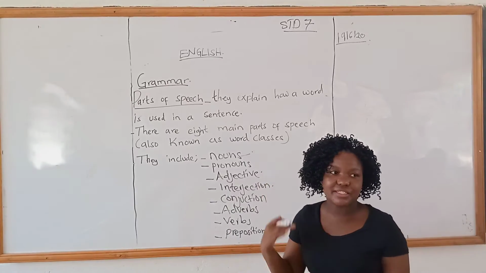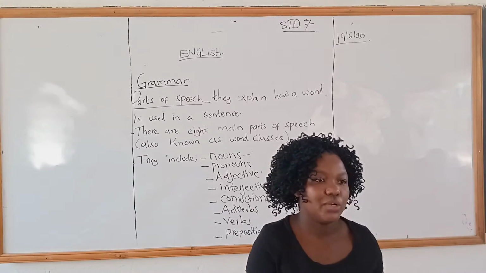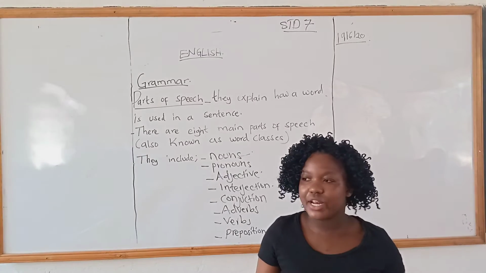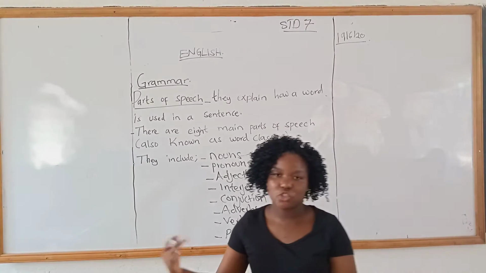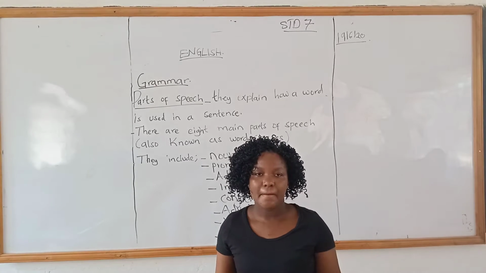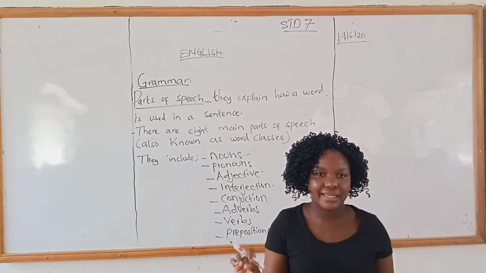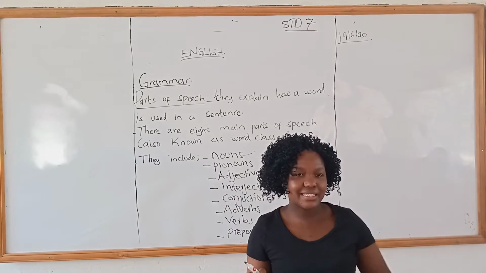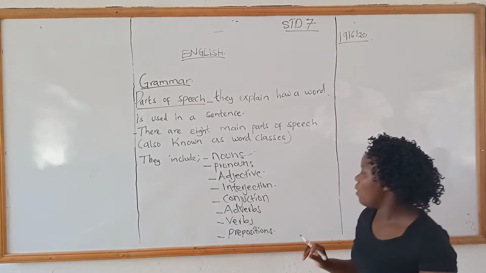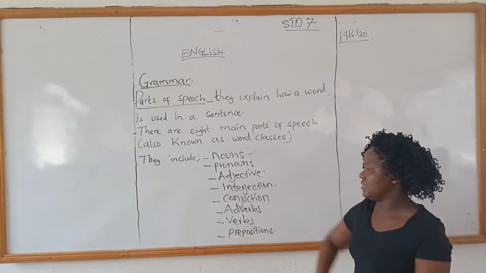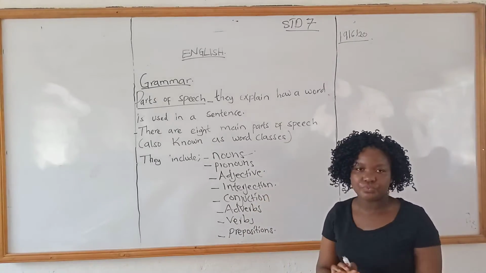For example, you can say somebody is short, tall, small, big. So the words small, big there are adjectives. They are describing a particular word.